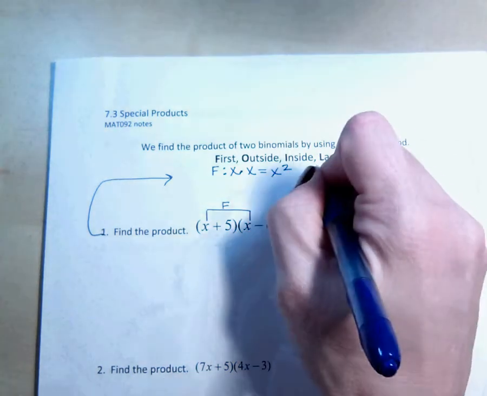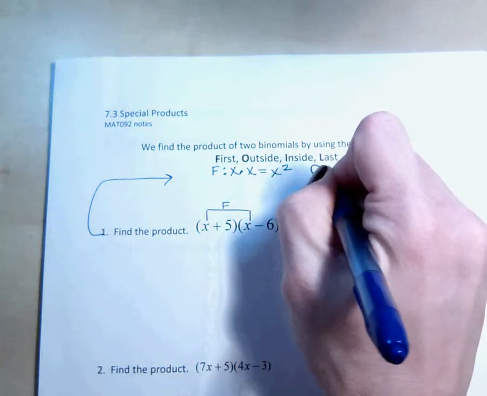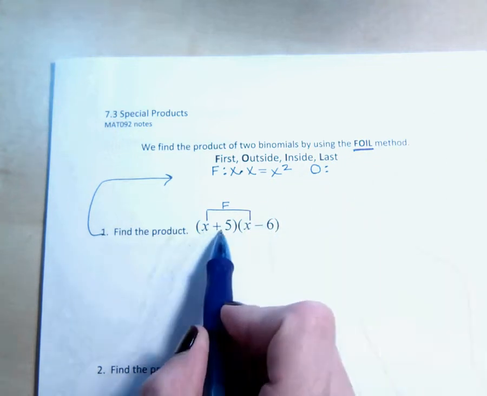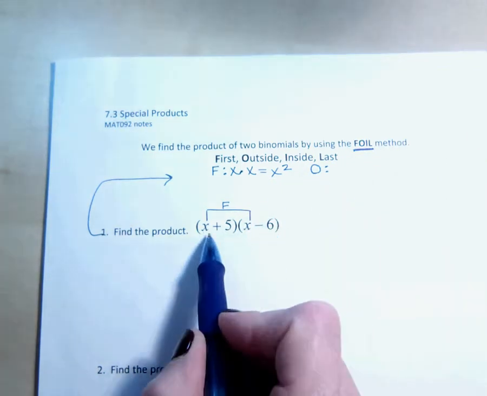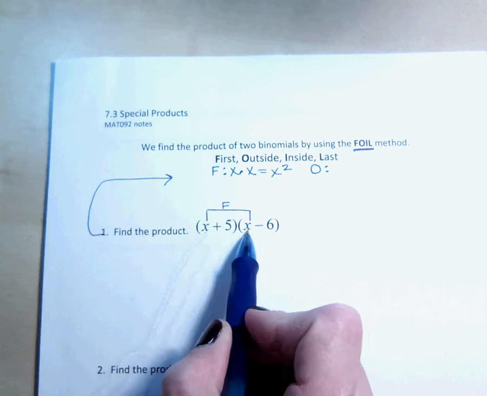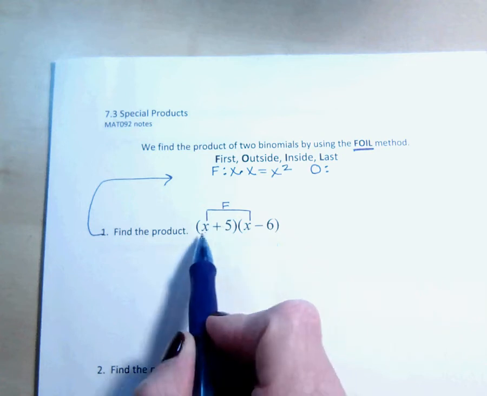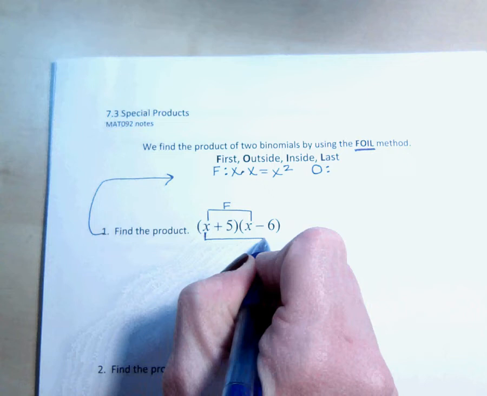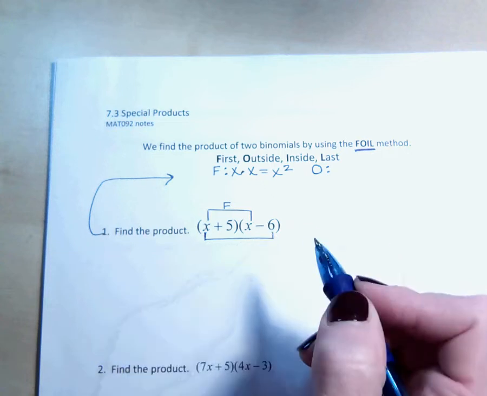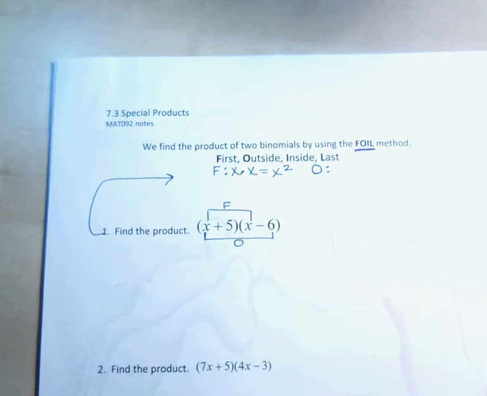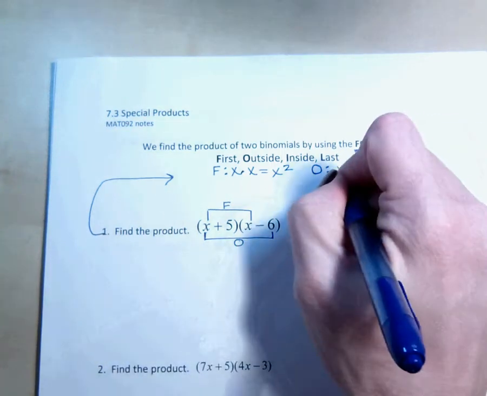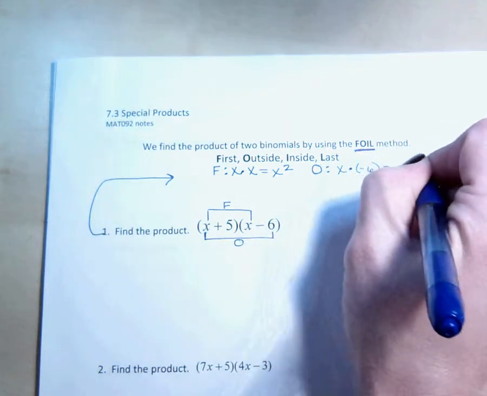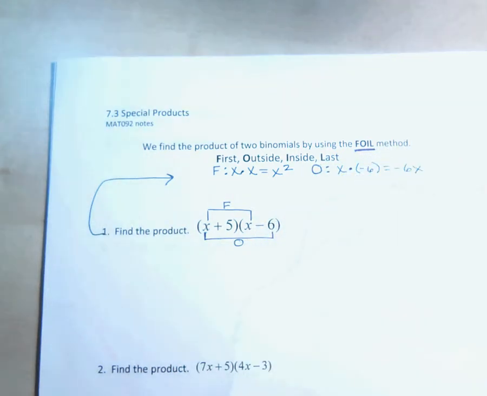Alright, let's look at O. O means outside. So now if you look at these 2 binomials and you look at it as 4 terms, 1, 2, 3, 4, this x is on the outside all the way to the left, and the minus 6 is on the outside all the way to the right. That's our O. So it's x times negative 6, which gives us negative 6x.